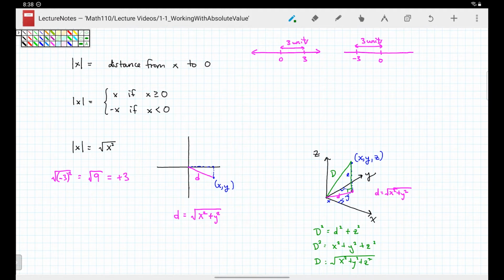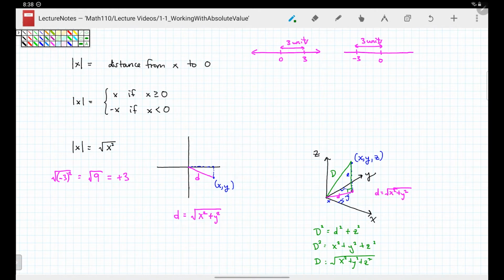And breaking that down to 1 dimension, you can see that the distance from the point to the origin, regardless of the number of dimensions that you have, is the square root of the sum of the squares of all the dimensions. Okay, so in 1 dimension, it would be the square root of just the one coordinate squared. Okay, so this is one way to kind of tie all of these in.